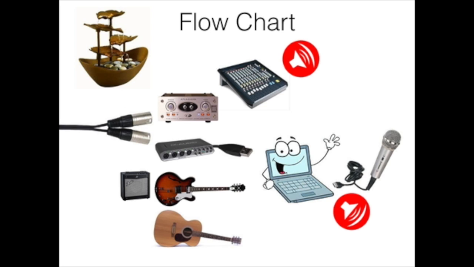So what if you want to record guitar? You would need to mic it, right? So you either mic the acoustic guitar or mic the amp, and then that would plug in either to your mixer for live sound or into your USB interface into your computer. There's another option.